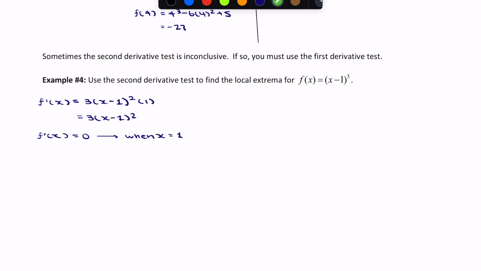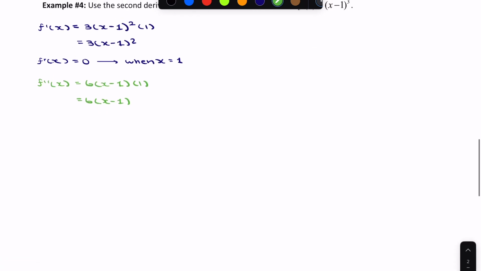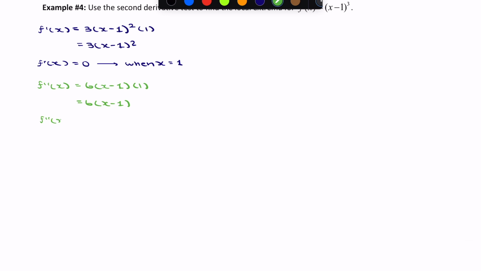So here, our second derivative is 6 times x minus 1 times 1, which is equal to 6 times x minus 1. So if we sub in f double prime of 1, which is the critical value that we found in our first derivative, we get 6 times 1 minus 1, which is equal to 0.